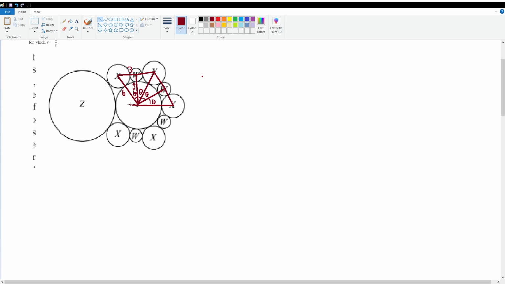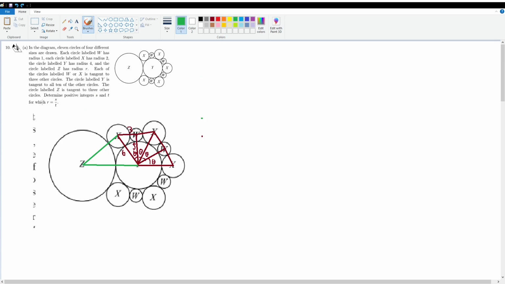So let's make a new triangle involving my big Z triangle here. I'll draw in green. What you notice about this is that we can create some variables here. Let's call it R. This side length right here is R plus 4, because it's the radius of the Z circle plus the radius of the Y circle.